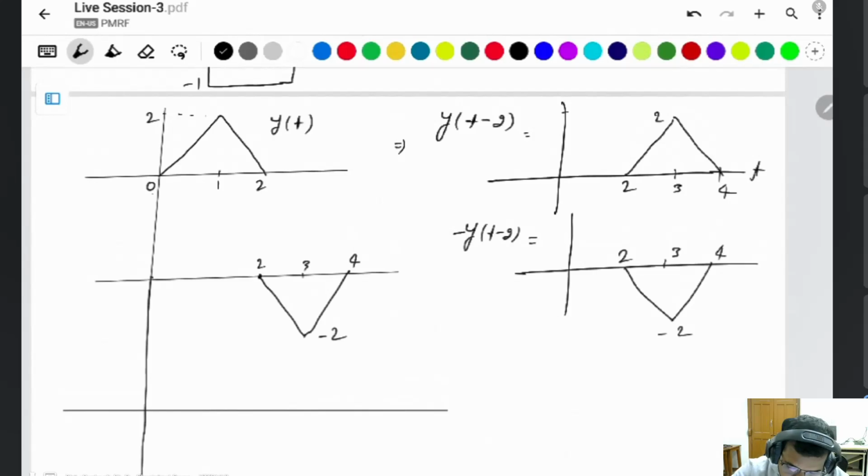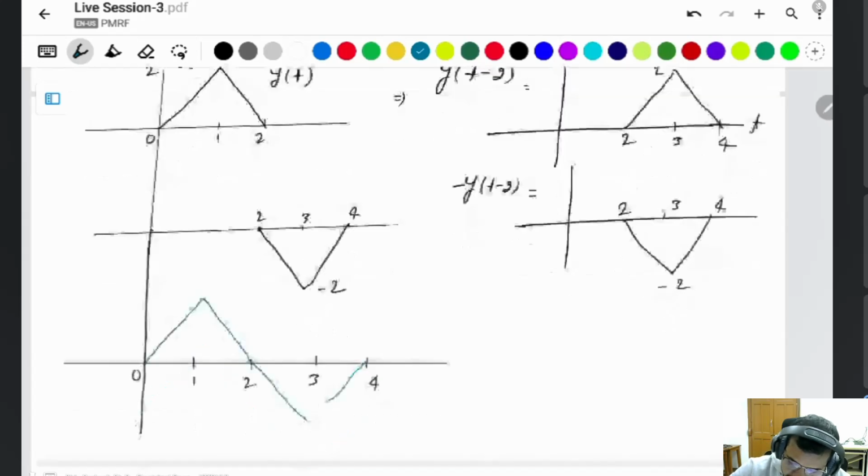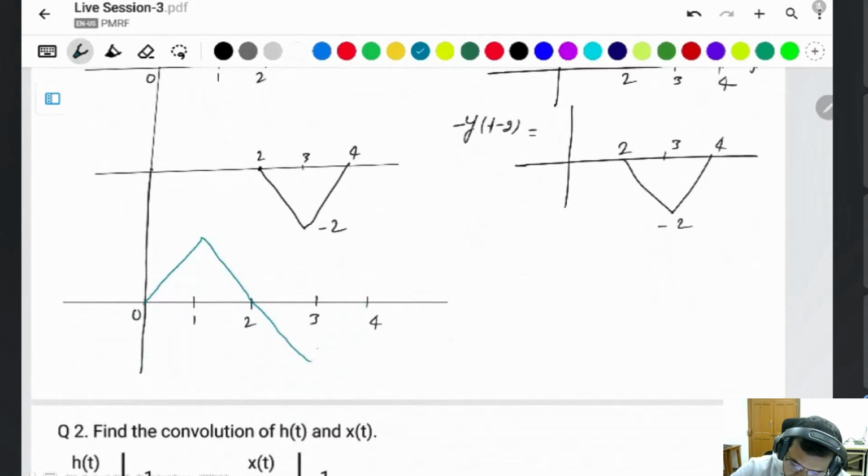How can you add this one? From 0 to 2 it is the same as that signal. Okay, after that we add this one, so it looks like that. This is the y1(t) output.